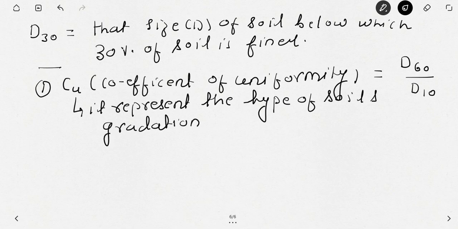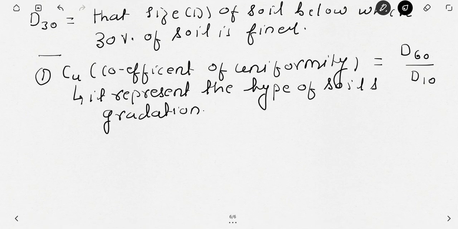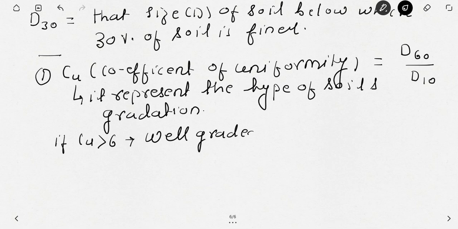Why? I will tell you now. Look, there are certain values. If Cu is greater than 6, it is termed as well graded. Well graded, look, there is a point about gradation, note it down. Well graded sand.